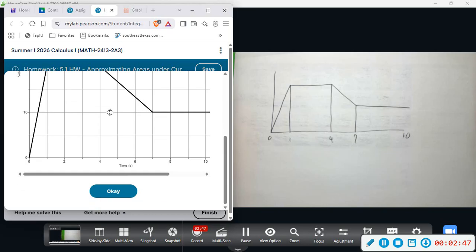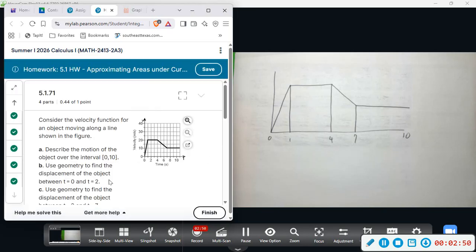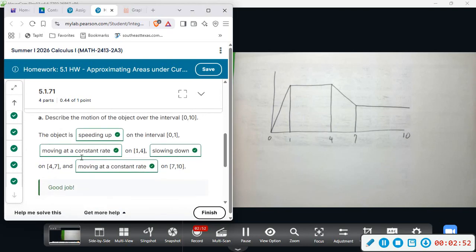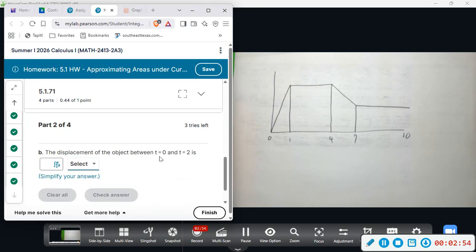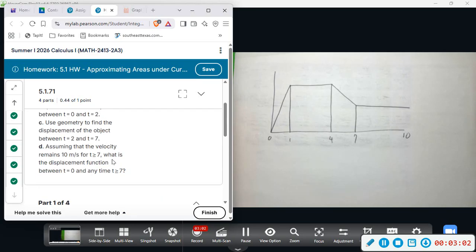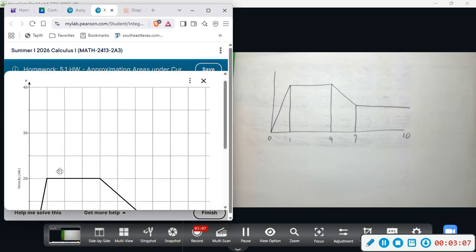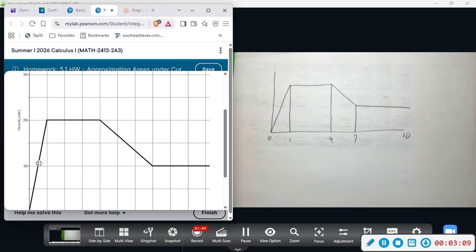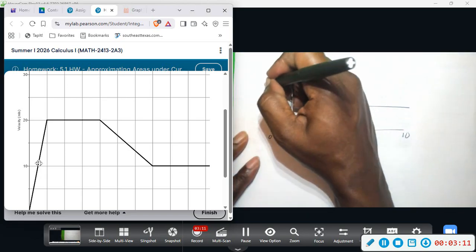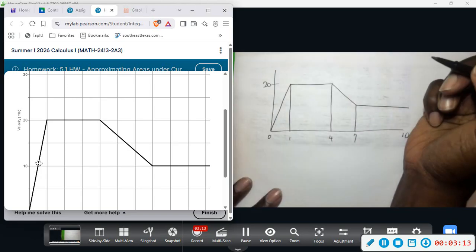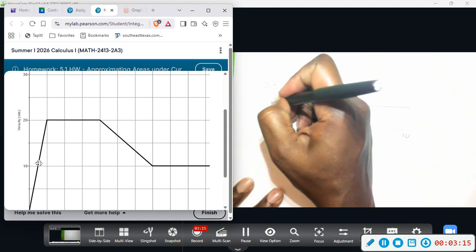All right, we want to find the displacement from t equals 0 to 2. So I need to go back and write the heights because that's going to be a big help as well. This is a height of 20, and this is a height of 10.